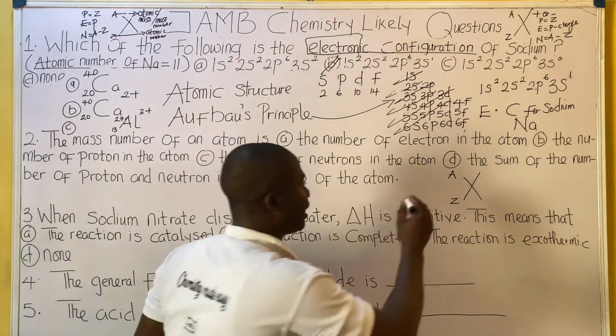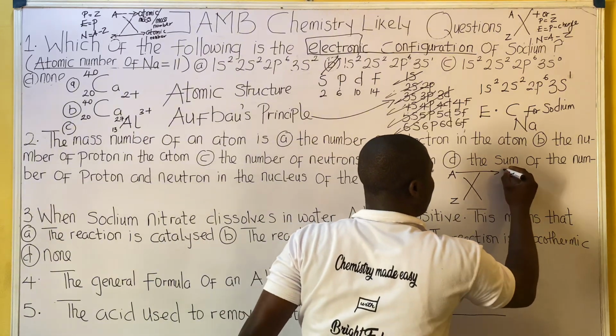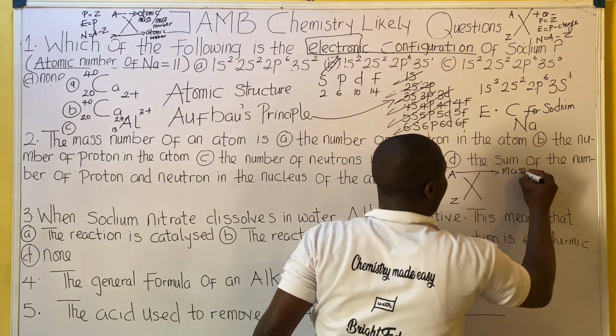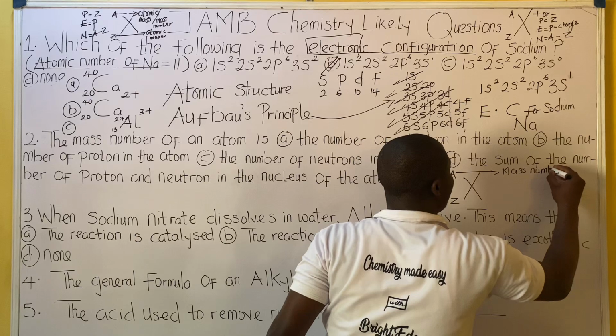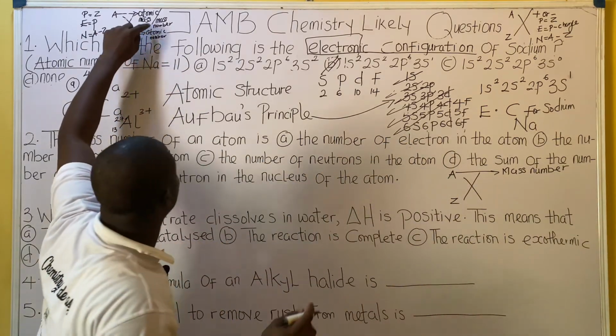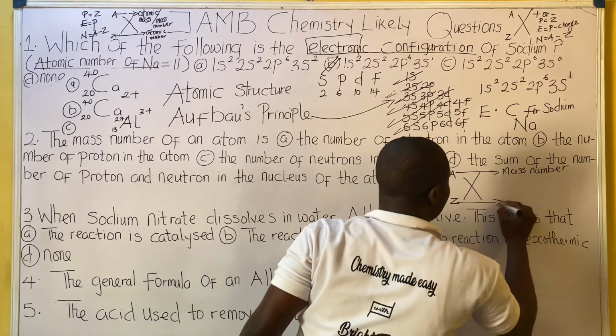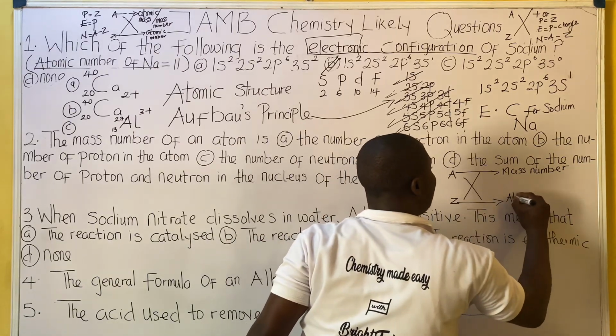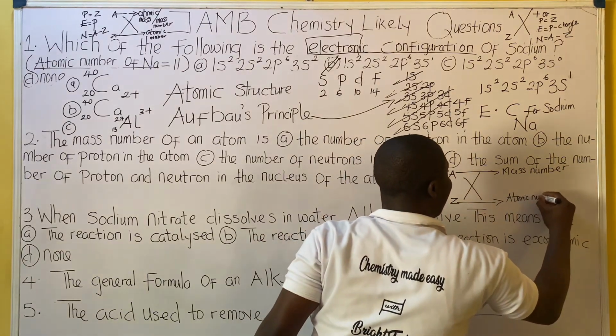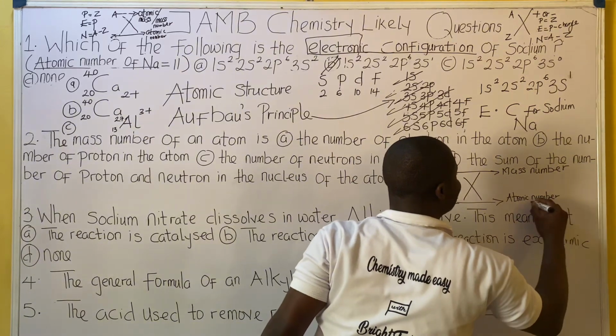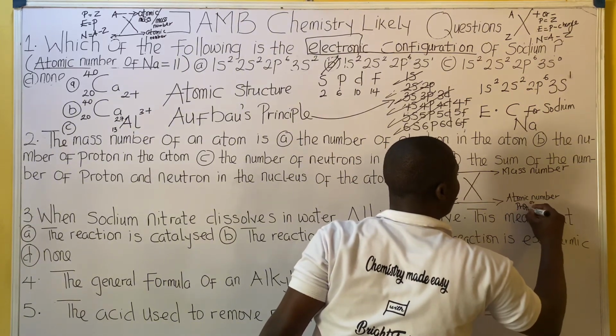Let's label this atom. A here is called the mass number, which is also called atomic mass, and Z is called the atomic number. If I don't call it atomic number, I simply call it proton number.